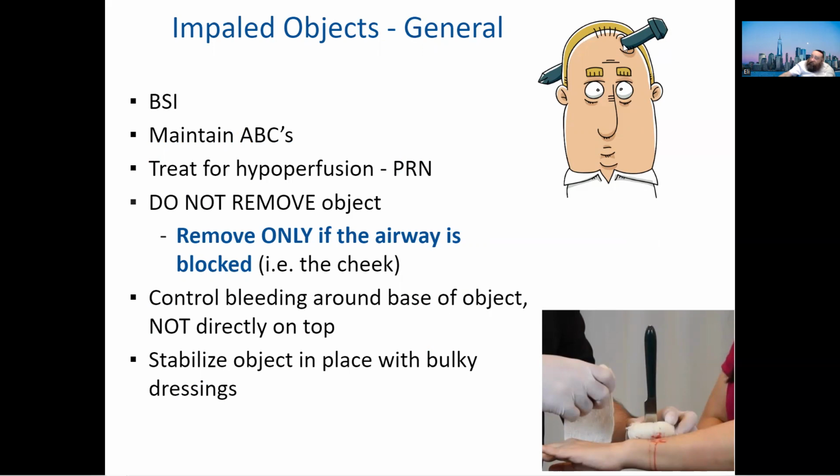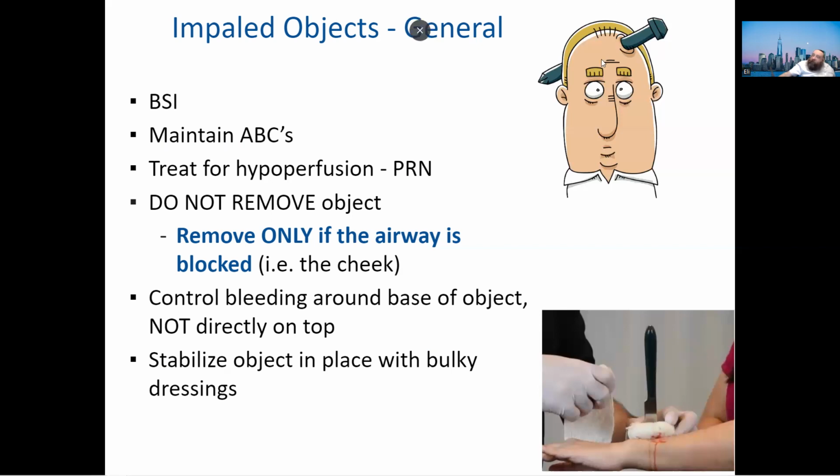If it's still there, we call it an impaled object. So question, I guess, for the audience is, would we remove this based on what we just learned? And I hope you're all thinking the same answer, that since this is not affecting the airway, we would leave it in. Okay? And that would be the correct answer.